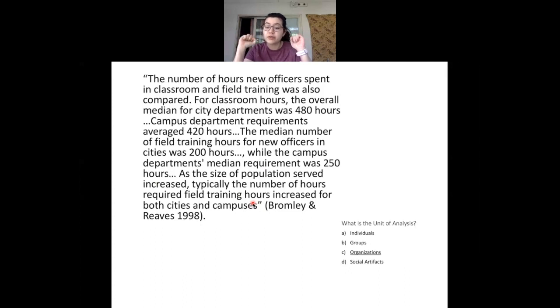It's for sure organizations because we're saying, okay, this specific campus organization versus a city organization of police departments, are there characteristics that are different between them? That's the aggregate we're speaking in. We're talking about officers, but the officers are distinct in whether or not they are city versus campus police officers.